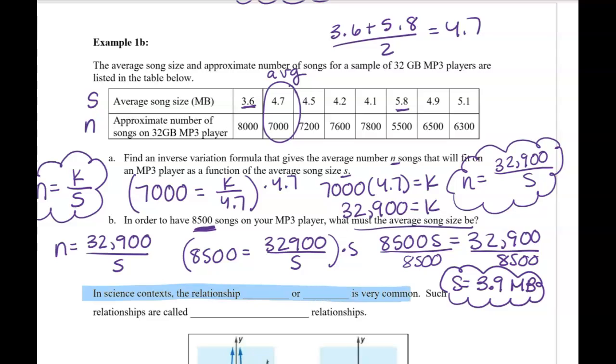In science contexts, we don't forget about this piece, so it doesn't get lost. In science, the relationship y equals k over x squared, or y equals kx to the negative second, is very common. And these are called inverse square relationships.